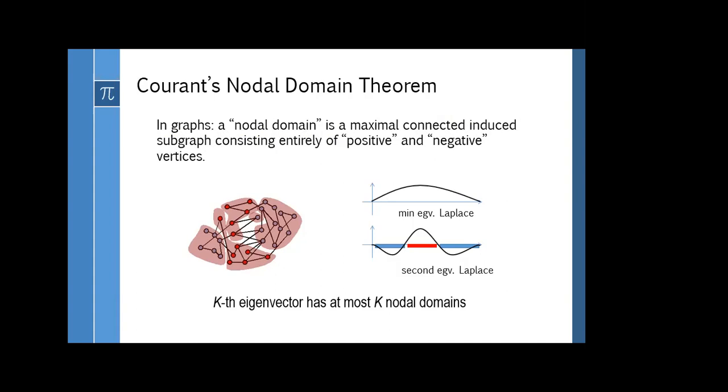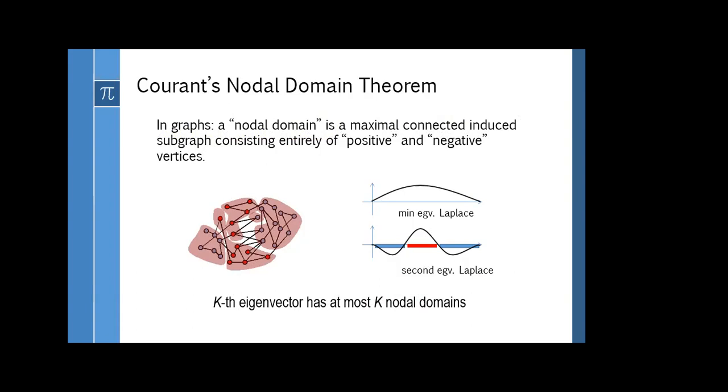So if I consider the first eigenvector, the Perron-Frobenius eigenvector, it is sign definite: every element has a positive sign. All nodes are packed together into a single, positive domain.